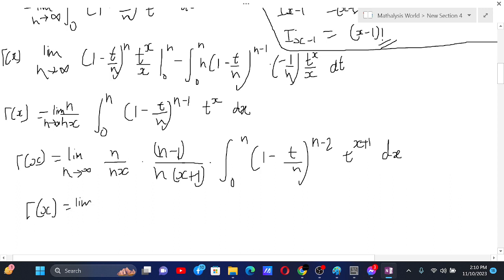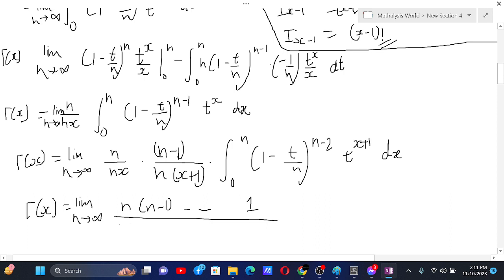Now if you continue this infinitely, we get gamma of x as the limit n tends to infinity of n times n minus 1 times, till this one goes to 0. So at that time we will have 1 over here. In the numerator, up to 1.